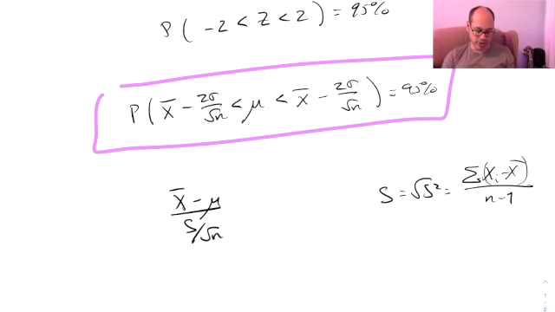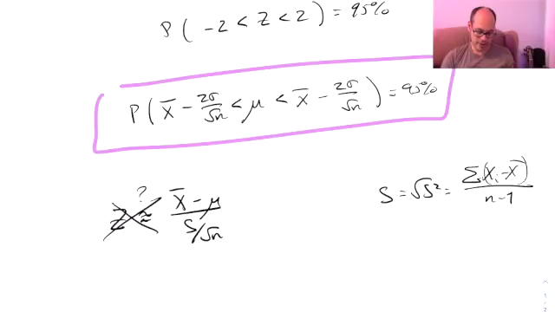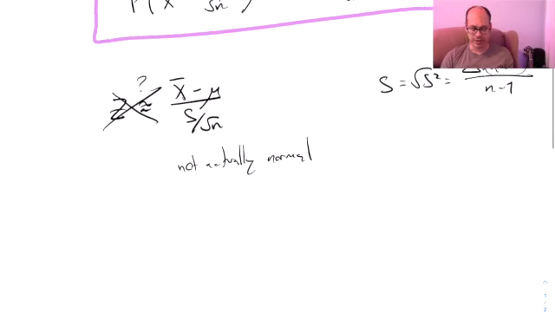And so the question is, is this normal? Is that a unit normal random variable, standard normal random variable? If so, we could do the same interval estimates, but it's not normal. Not actually normal. We'll see that it behaves normally if n is relatively large, but only in a certain limited sense.